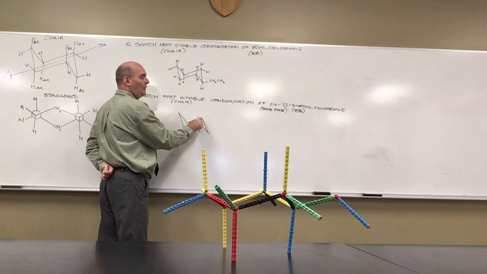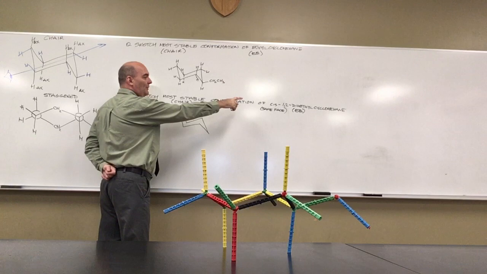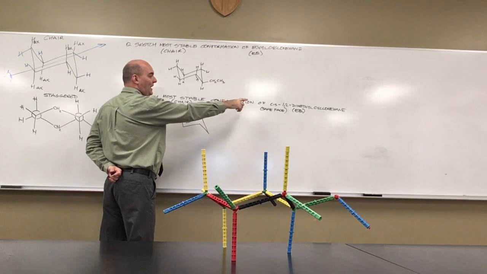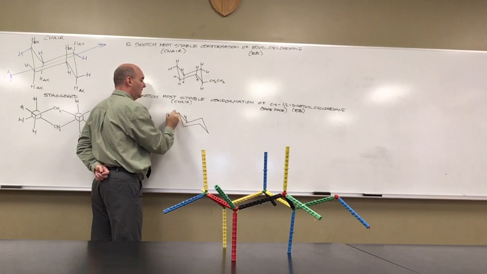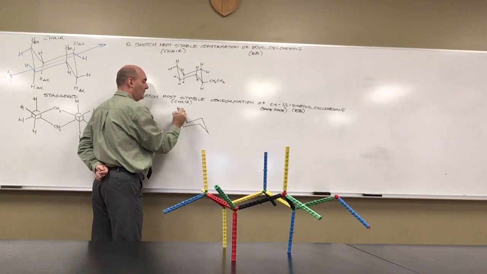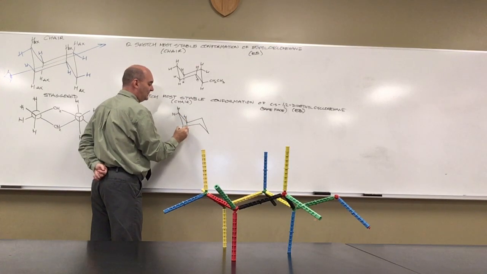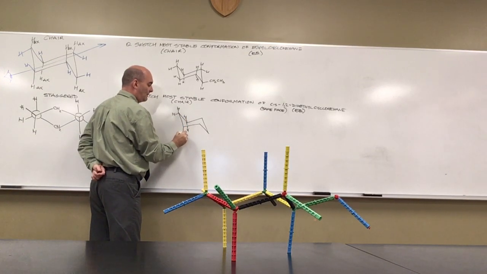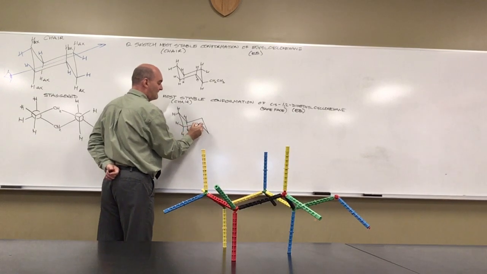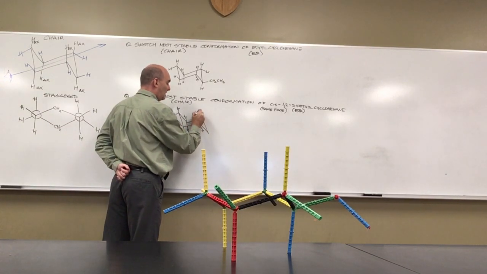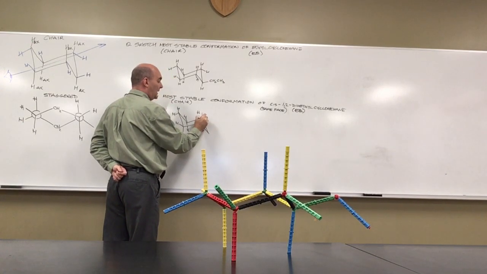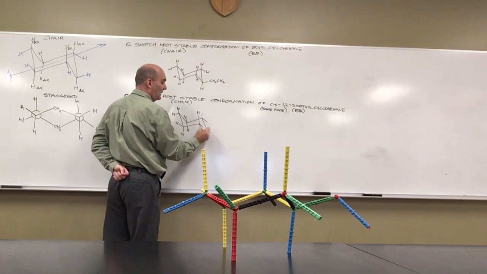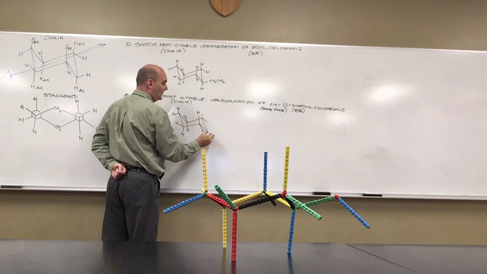So a methyl needs to go here. And it needs to be on the same face as the other methyl. Okay, so what I'm going to do first is I'm going to write all the other atom labels in. And then that just leaves me carbon number 1 and carbon number 2. Okay, so carbon number 1 has an axial and an equatorial position.